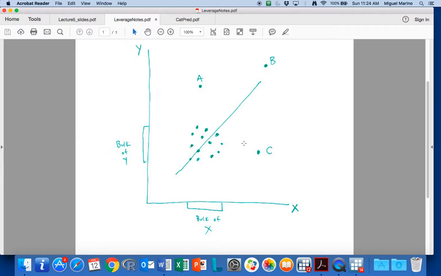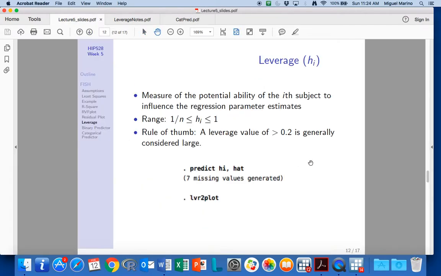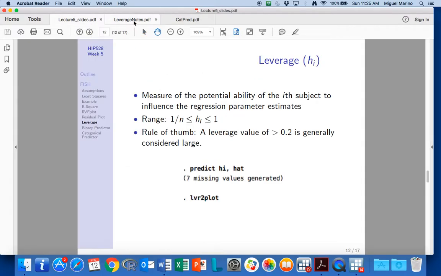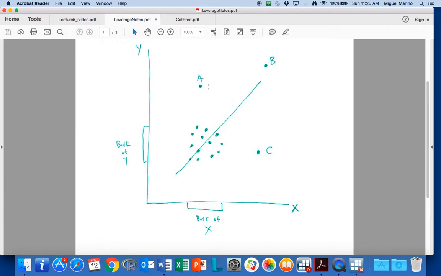Okay, and so how do we then identify what is problematic? That's the whole point of leverage: it's a number that's trying to figure out the influence of this point on this regression line, right? You can imagine that A here doesn't affect things that much, and so we need to come up with a way to assign a low value here.